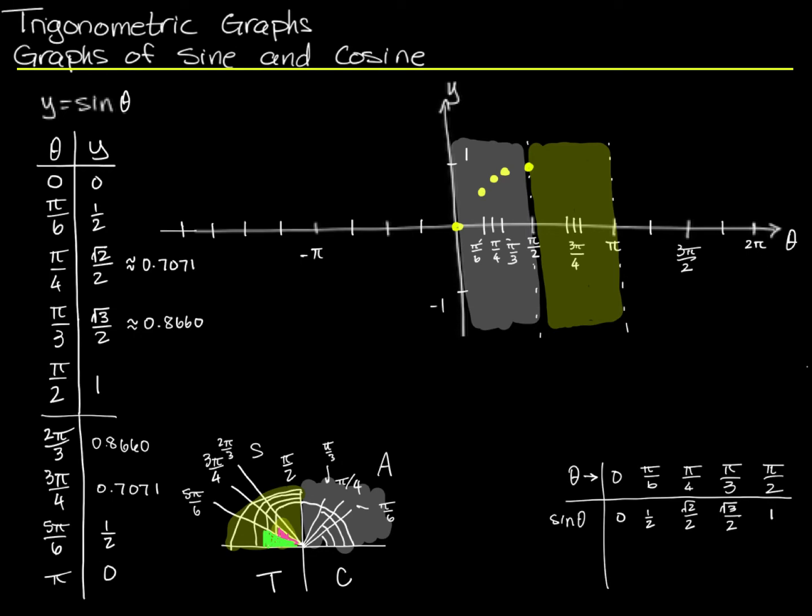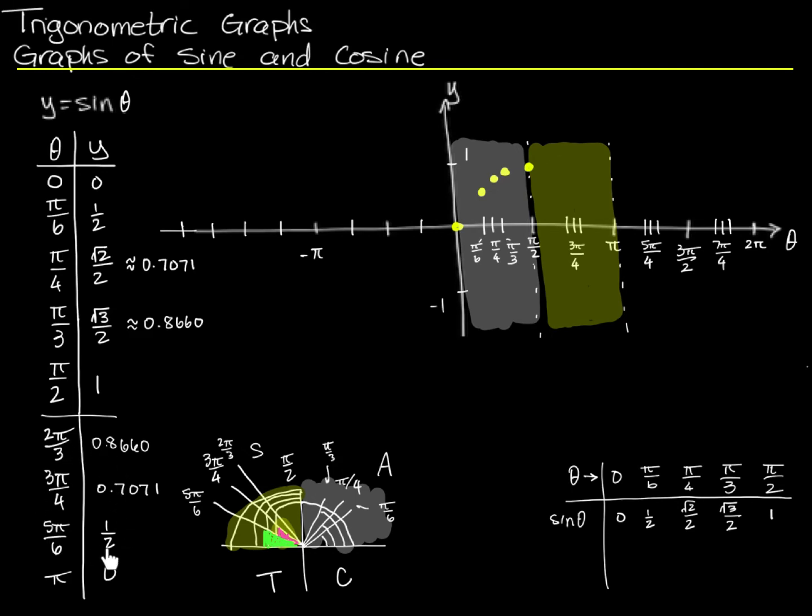Now, if I think in terms of pi over 4's, I have 1 pi over 4, 2 pi over 4, which is pi over 2, 3 pi over 4, 4 pi over 4, 5 pi over 4, 6 pi over 4, 7 pi over 4, and 8 pi over 4. And then, of course, I'll have my 30 and 60 degree, or pi over 6 and pi over 3 radian reference angles as well.